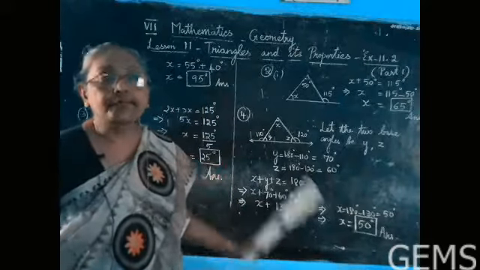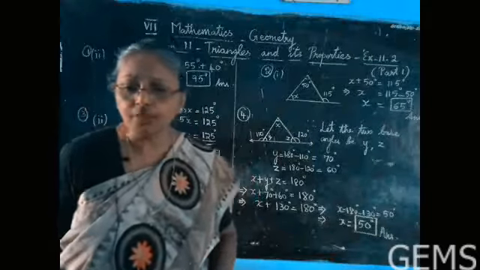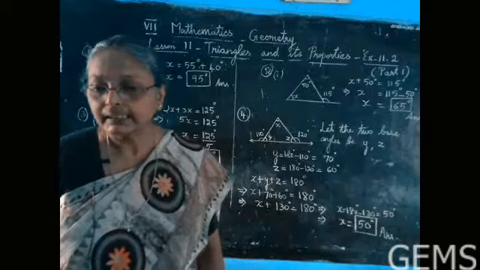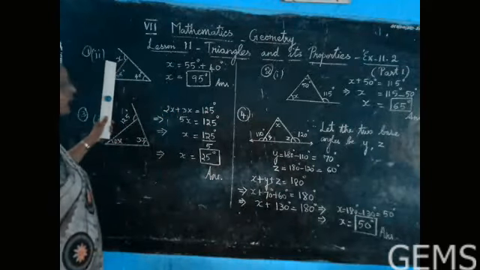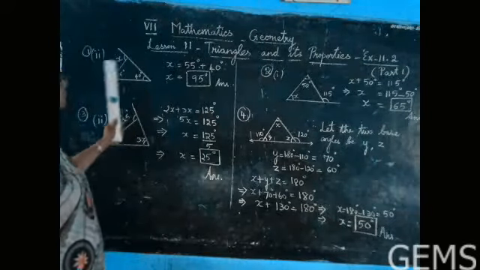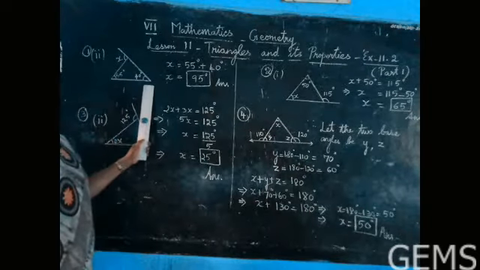Here the figure is given, and we are asked to find the value of the unknown exterior angle x in each of the following diagrams. Here x is the exterior angle, and we are given two more angles inside the triangle, 55 degrees and 40 degrees.